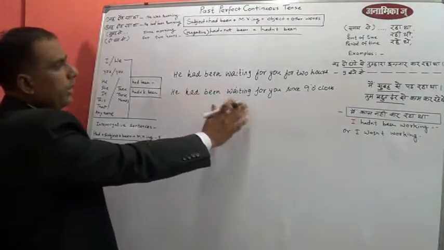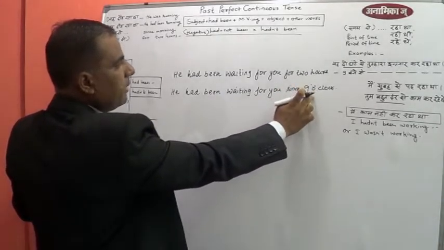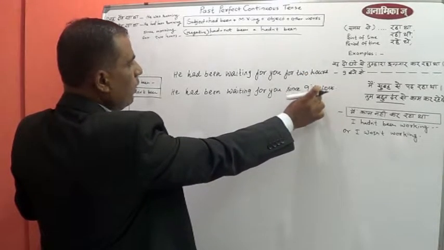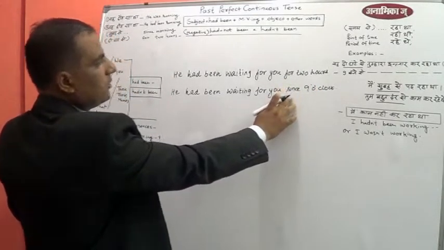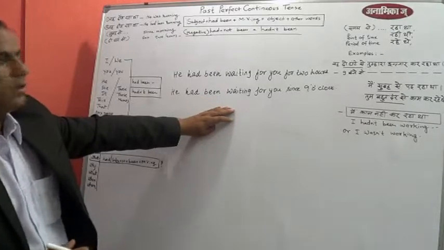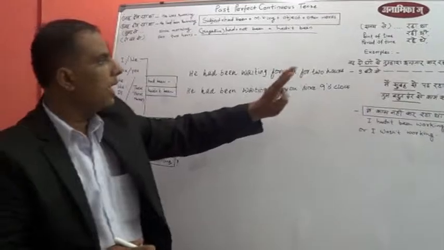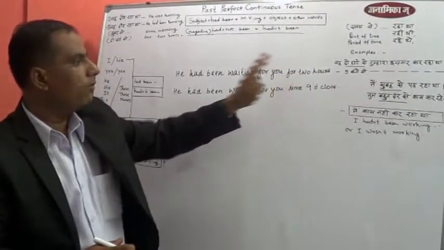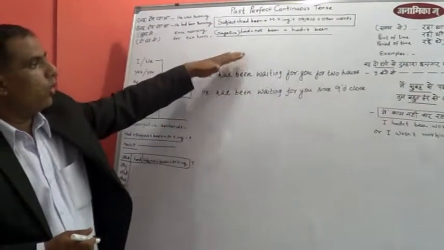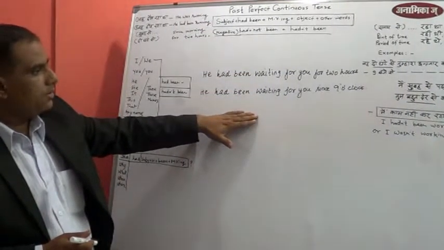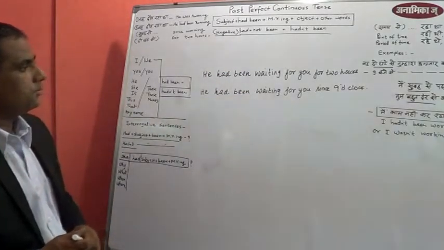He had been waiting for you since 9 o'clock. So here, because of this mention of exact time when this action started, we have used since. So this is to be always borne in mind. For point of time, since will come. For period of time, for will come. So this is how we can make the positive sentence in past perfect continuous.